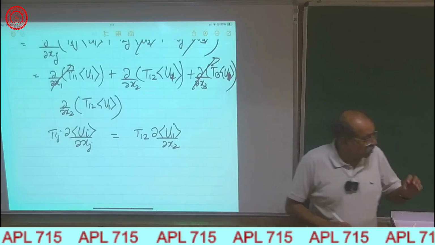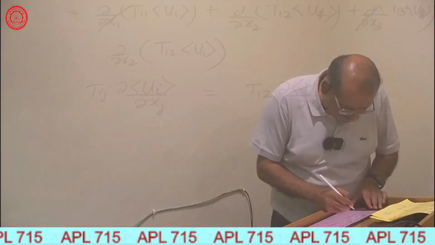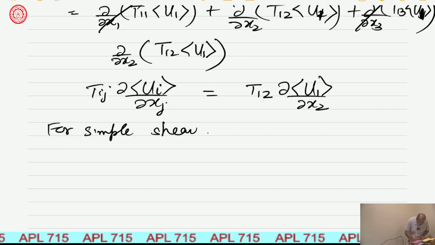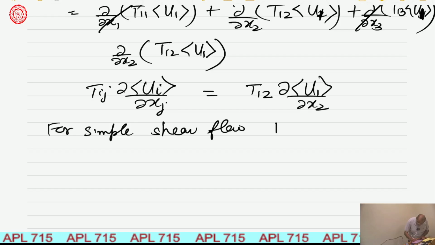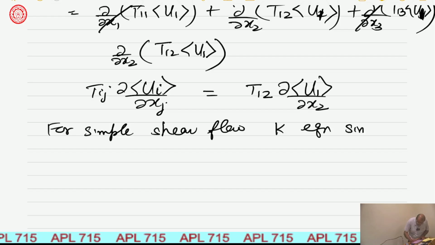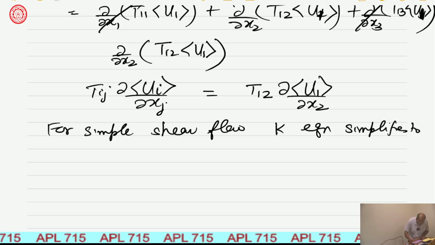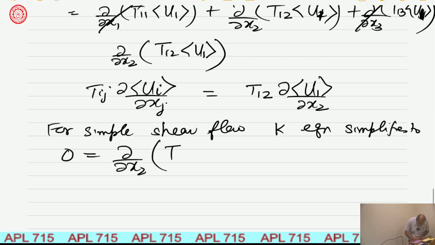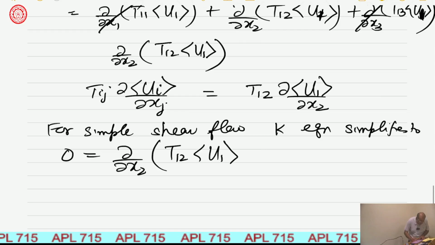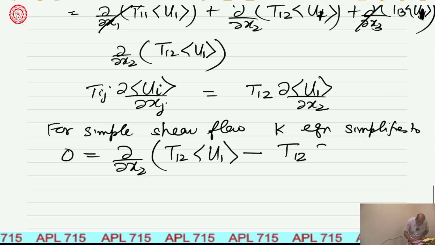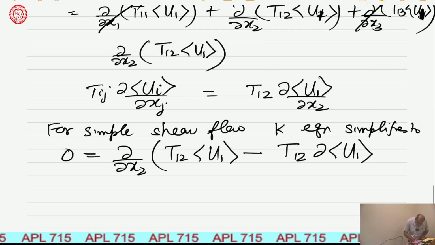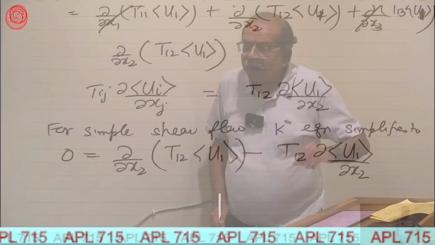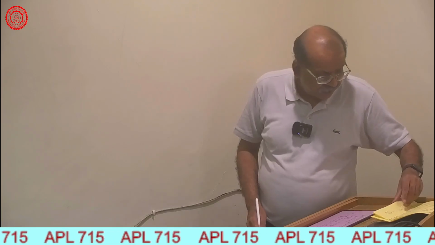So for the simple shear flow, the K equation simplifies to 0 equals partial by partial x2 of T12 mean of u1, minus T12 du1 by dx2.